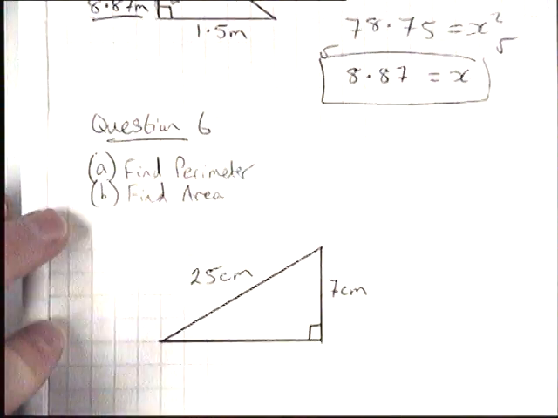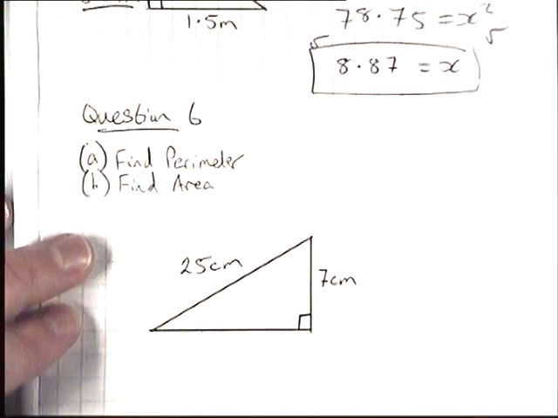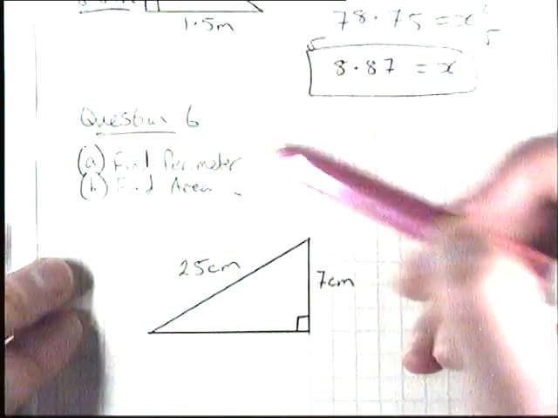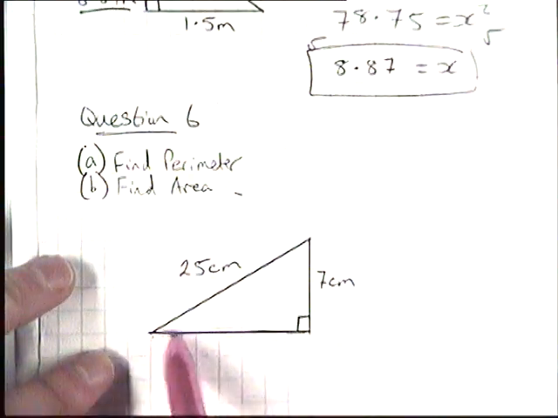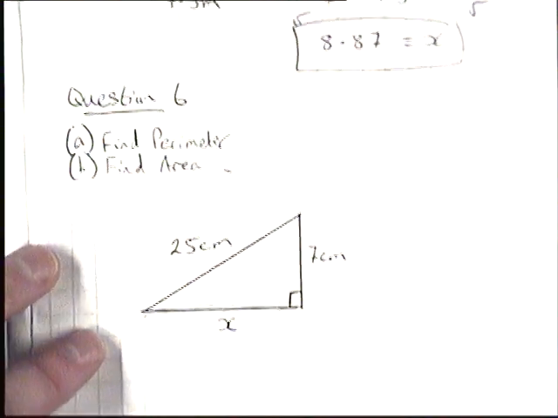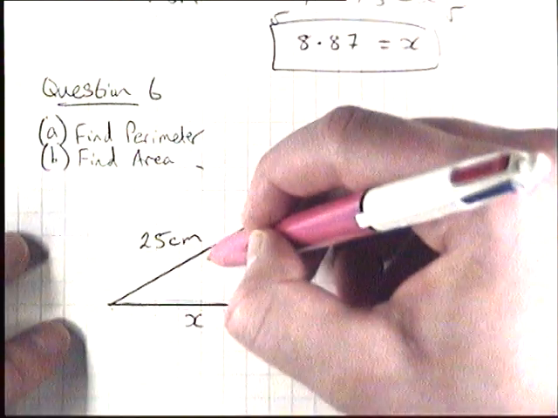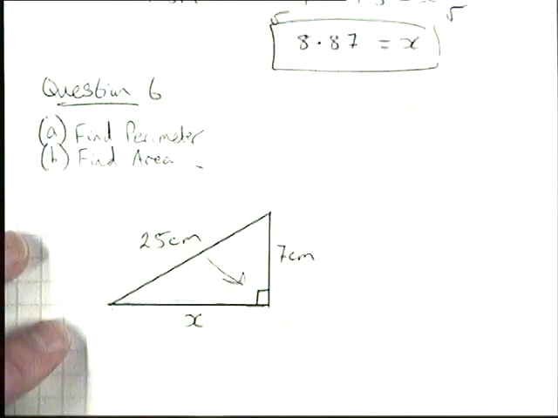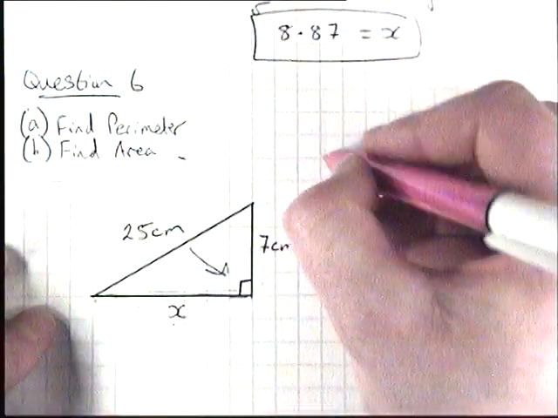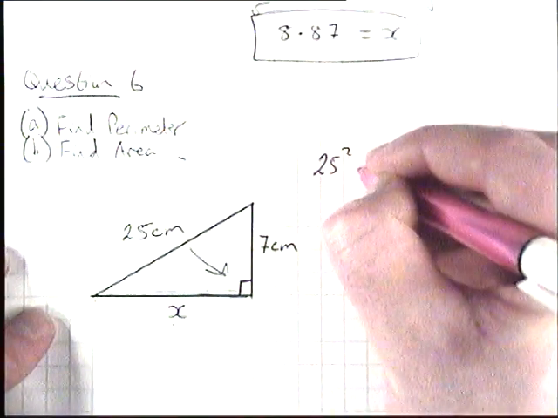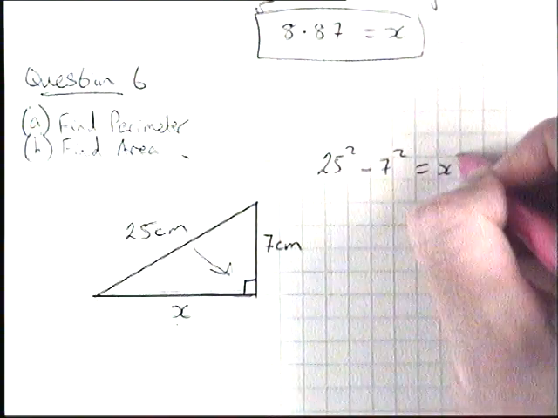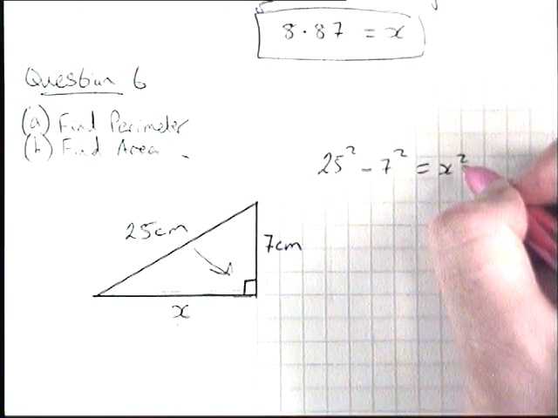Now, question 6, there were 3 things we needed to do. So I asked us to find the perimeter and the area, but to do those, we need to work out this missing length here at the bottom. So we're going to call that x because that's what we're trying to find. Again, we've been given the long side. We know it's the long side because it's opposite the right angle. So we're going to start by working out what this missing side is. So we've got 25 squared minus 7 squared, which we know will equal x squared.